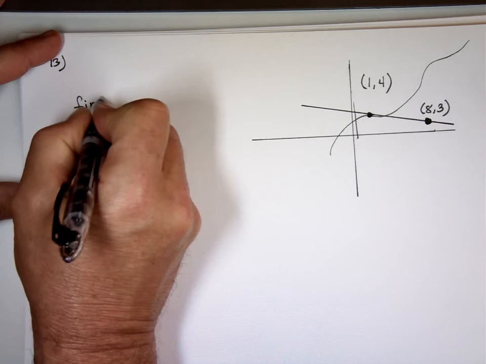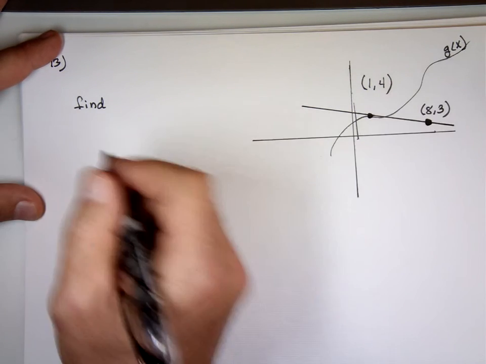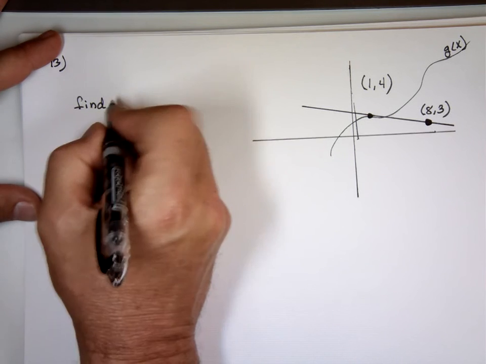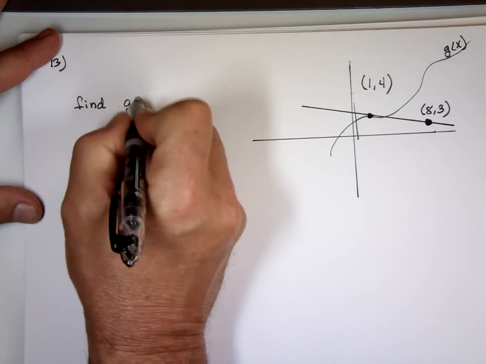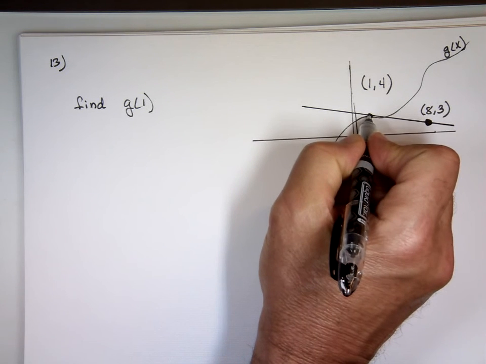So this is g of x. Find g of 1. That's the first question. Basically, when x equals 1, what is the y value? Isn't it this point? It's 4.